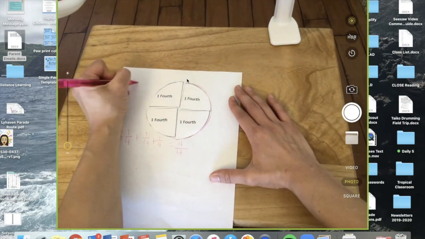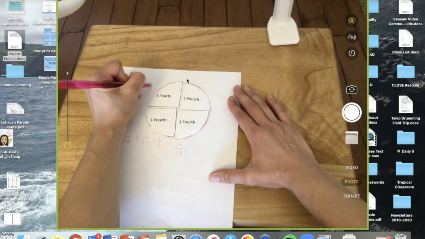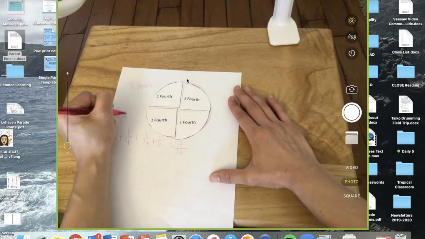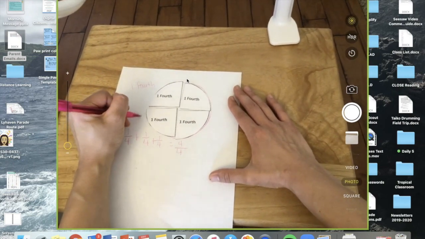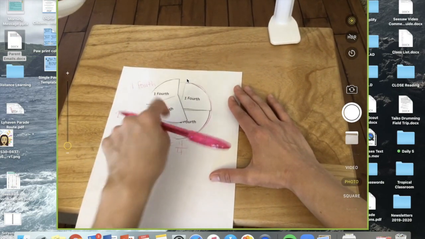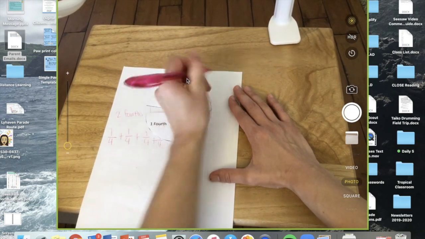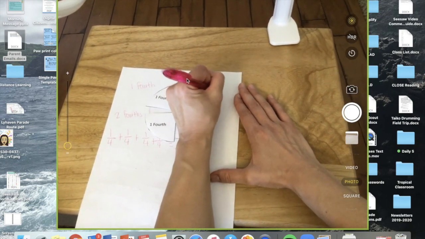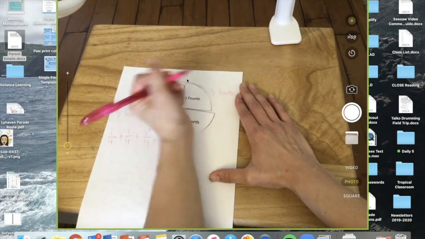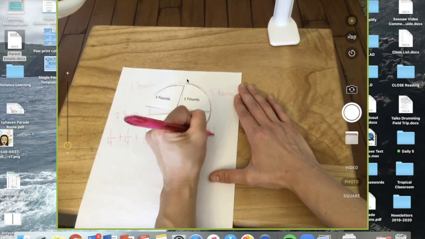Or you could write 1/4, and if I'm adding on, this would be 2/4, because it's two parts. This would be 3/4, and then this would be 4/4.